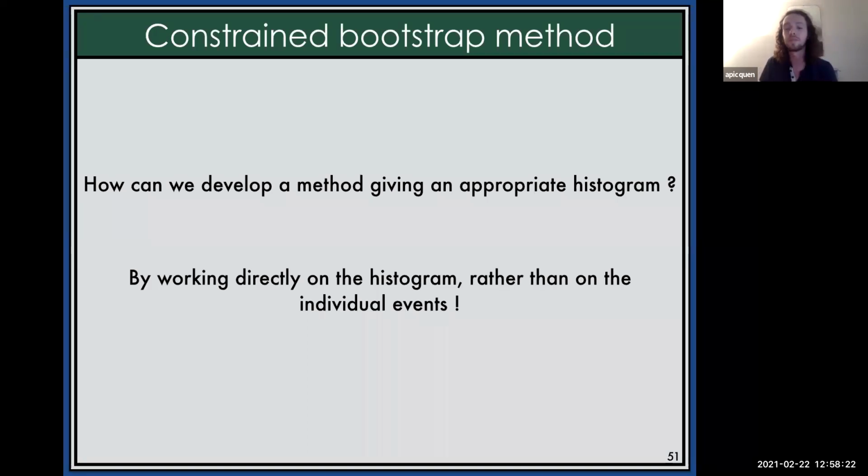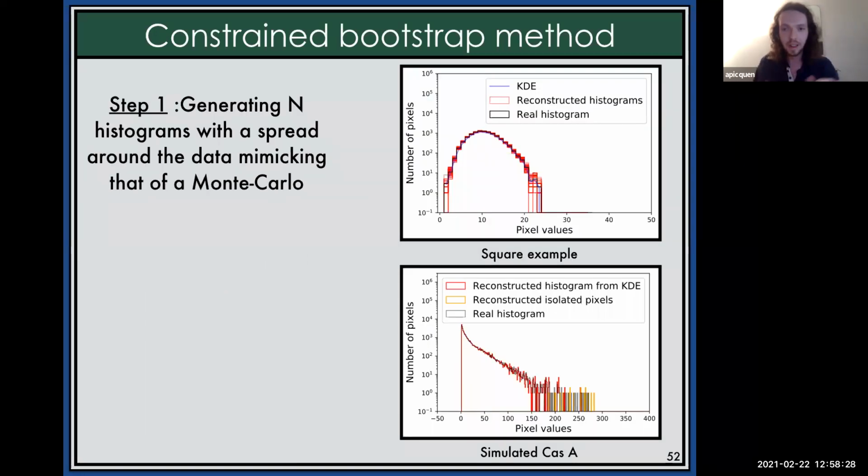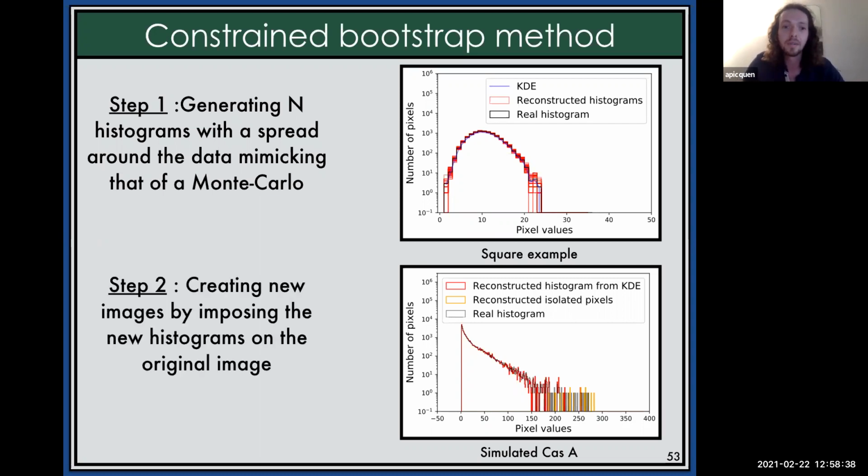The idea was to work directly on the histograms rather than the individual events. So I won't stay too long on it, but step one was just to generate random histograms that follow the same rule, and then create a new imaging by imposing the new histograms on the original image, so as to make fake bootstraps resembling the kind of distribution that we want.